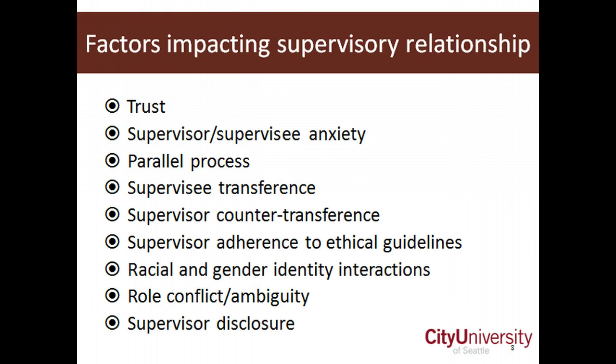Other factors impacting the supervisory relationship include the degree of trust between supervisor and supervisee, and of course that works both ways. The level of anxiety for both the supervisor and the supervisee. The parallel process that may occur between supervisor and supervisee, and parallel process refers to similar dynamics between supervisor-supervisee that occur between the supervisee-client.